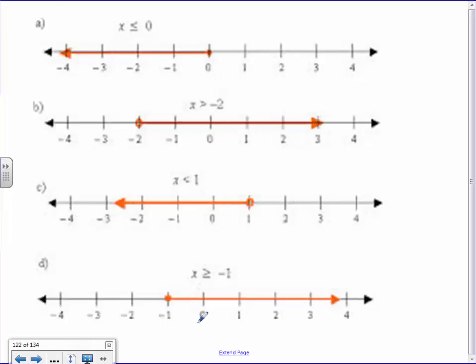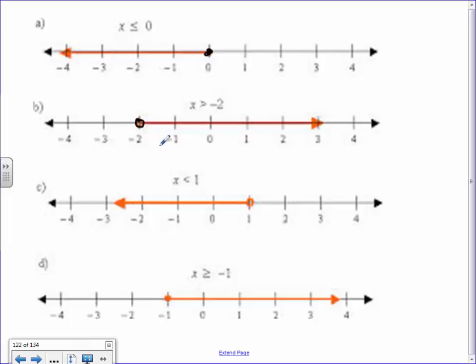So here's some examples. Maybe you've done this before, maybe you haven't. But we can answer these on a number line. If I said that x had to be less than or equal to 0, you'd draw a number line, like so. On 0, you'd probably put a dot, and you'd fill in the dot, by the way. We talked about how a filled in dot means that you count that value, whereas an open dot means that you don't count that value.